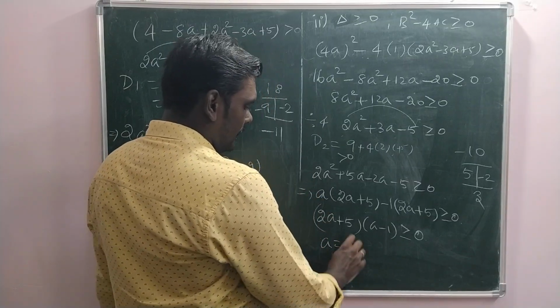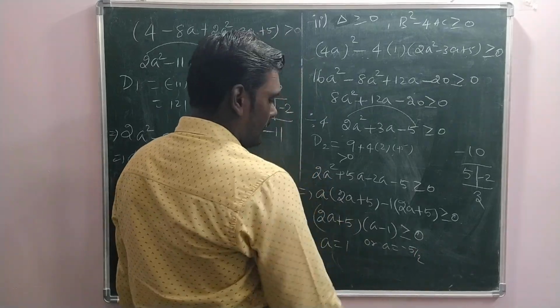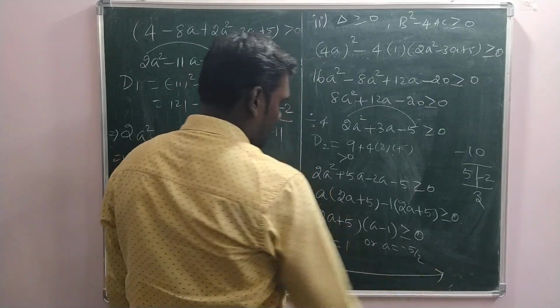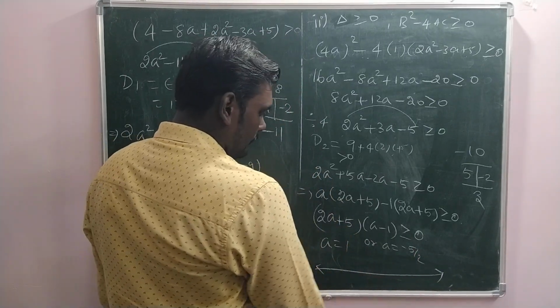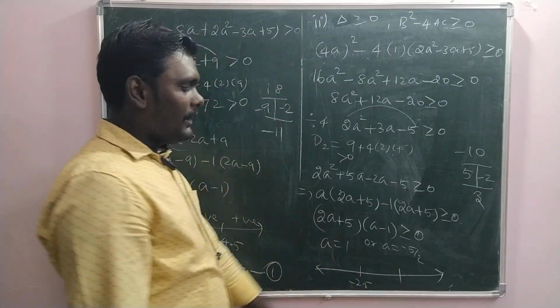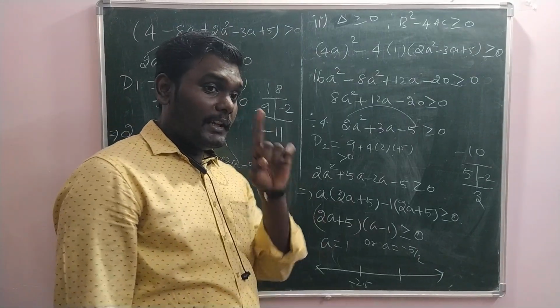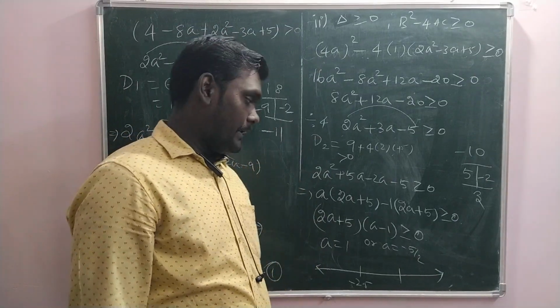Then a is equal to 1 or a is equal to minus 5 by 2. So this interval from 1 to minus 2.5, where it is greater than or equal to, that really does matter, man. Greater than or equal to, keep in mind.